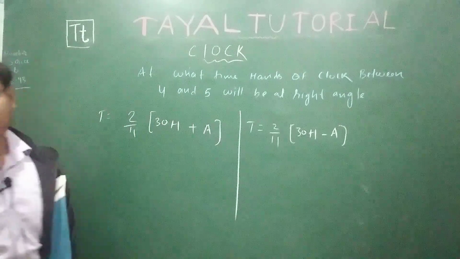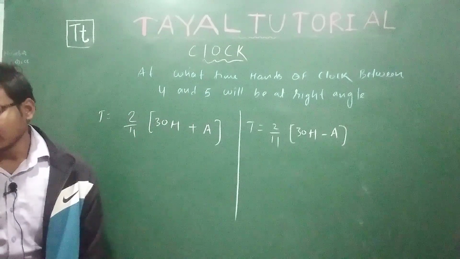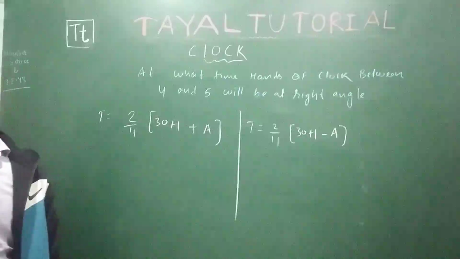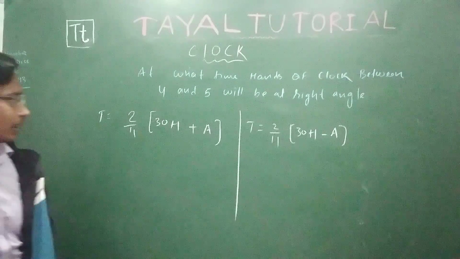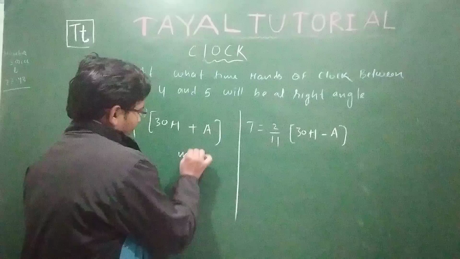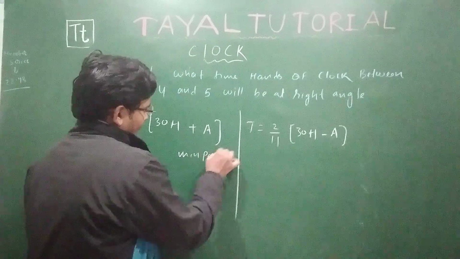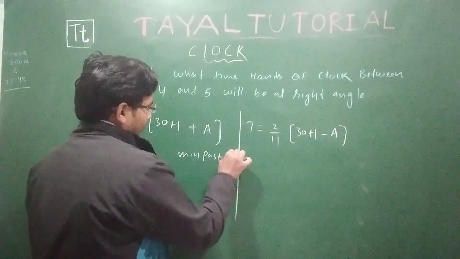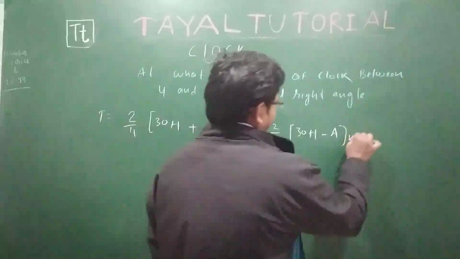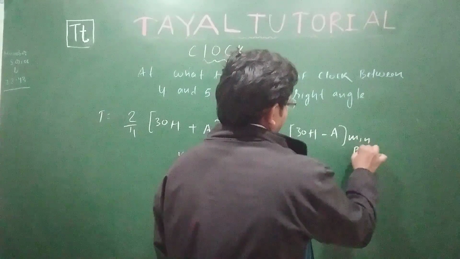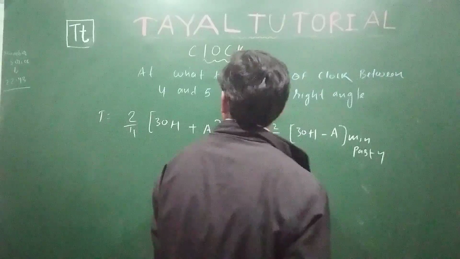This can be possible. So put the value of 30h and a. Don't forget to write minutes past 4, minutes past the hour, that is 4.